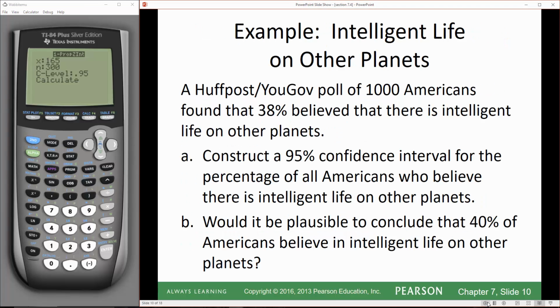So n here would be 1,000 Americans. And my x value would be 38% times 1,000. So that would be 380, right? So put 380 in here, and that should do it.